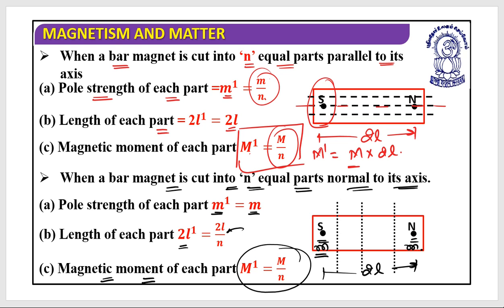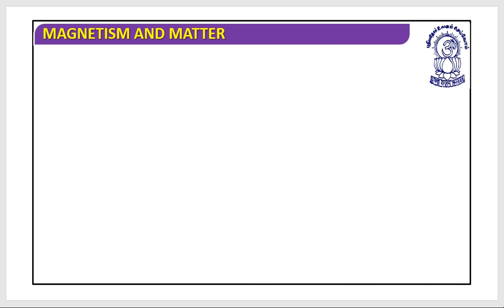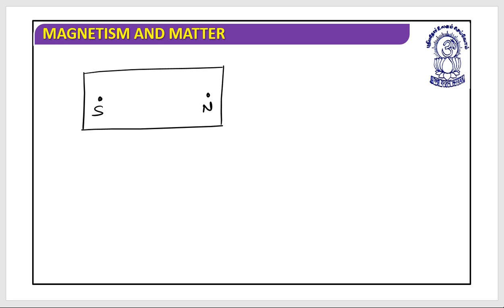Is it clear? Are you sure? Now let me do one more thing. Let's suppose this is our bar magnet. This was the initial bar magnet. Let's suppose this is the south pole, this was the north pole, and this was the length, 2l.